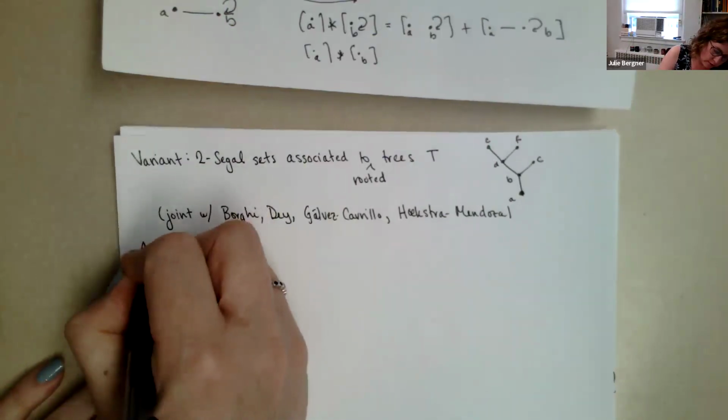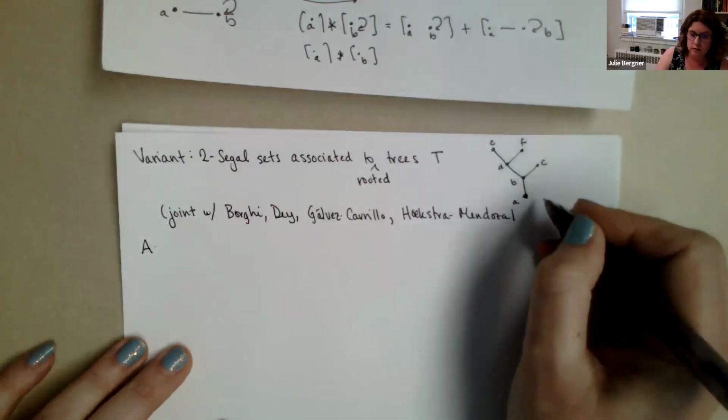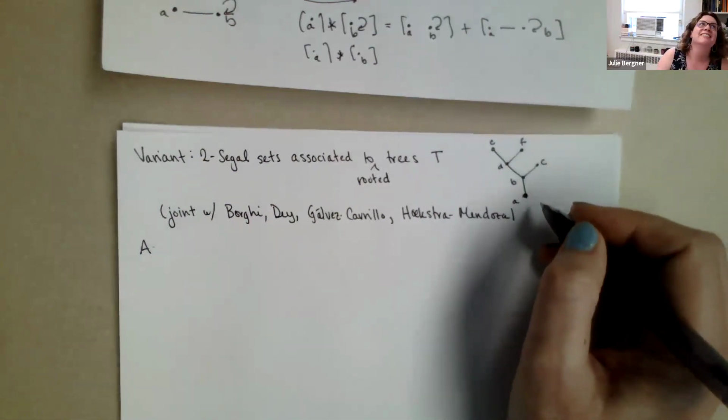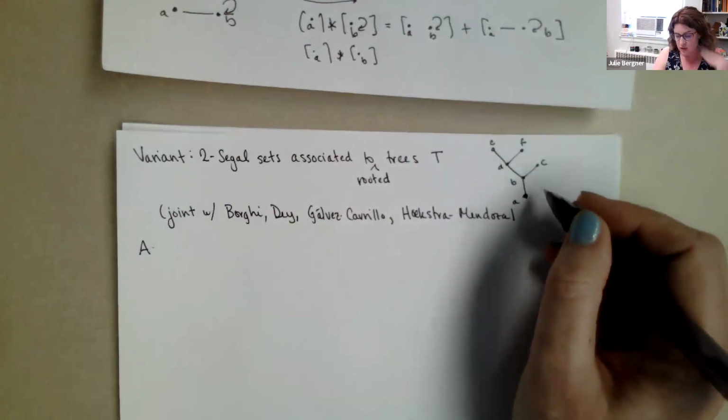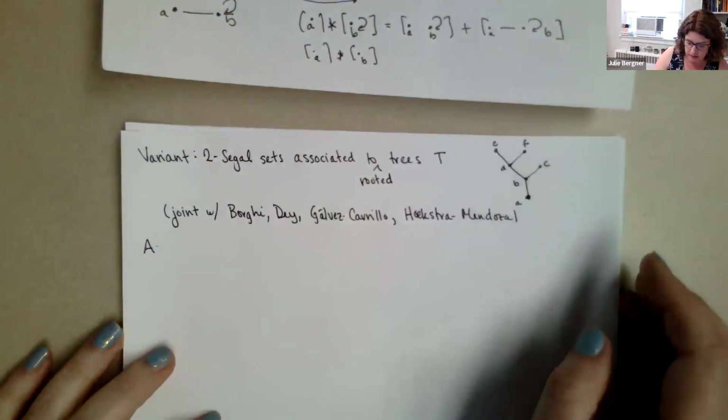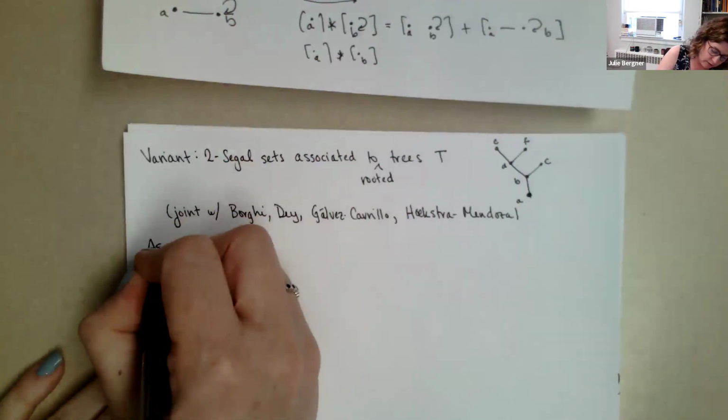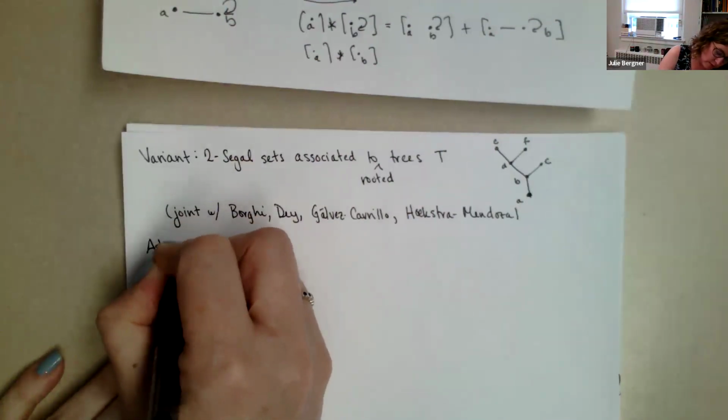So in order to define, we want to construct a simplicial set from such a tree and show that it is 2-Segal. And for this, we need the notion of an admissible cut.